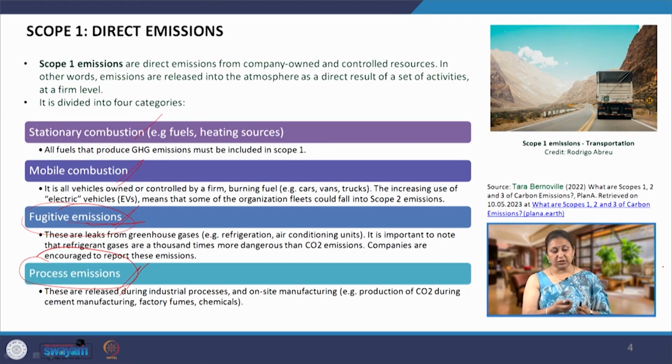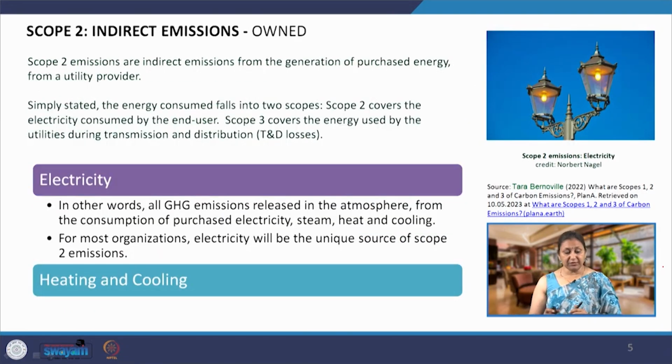So, this is what scope 1 emission is, the direct emissions resulting directly from company owned and controlled resources only. Then we move to scope 2 indirect emissions, which are also from company owned resources.